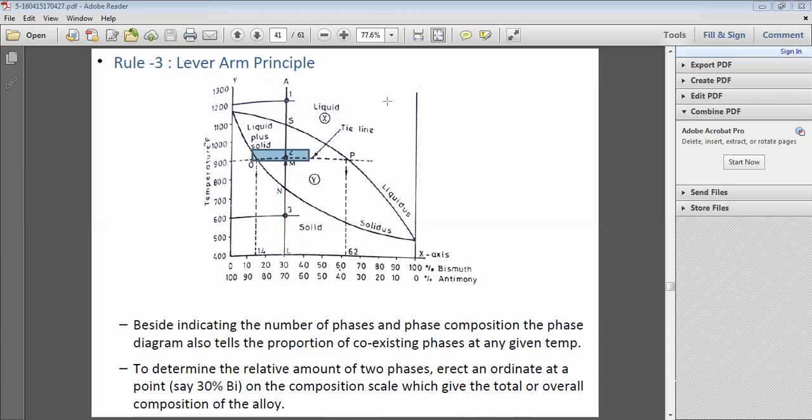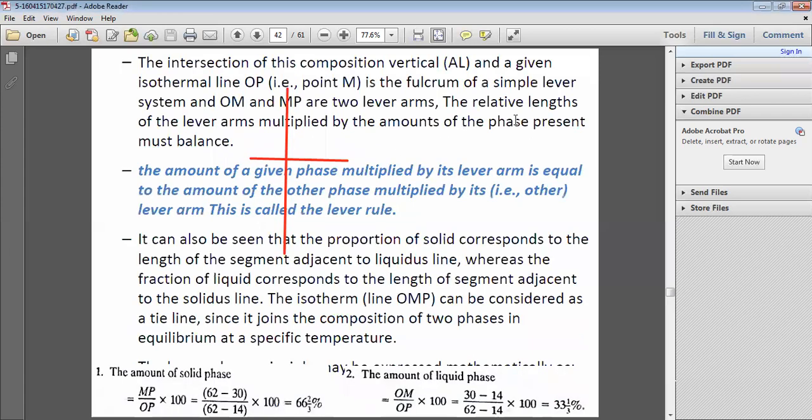On this part, we draw a horizontal line for OP, plus we have drawn a vertical line at 30 percent, that is AL here. So the intersection, point M, is the fulcrum of a simple lever system, and OM and MP are two lever arms.